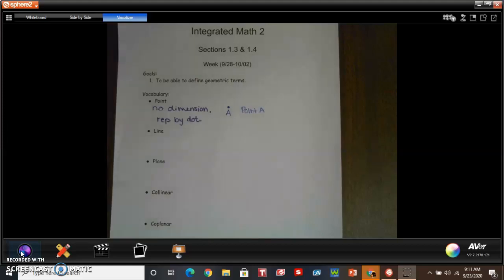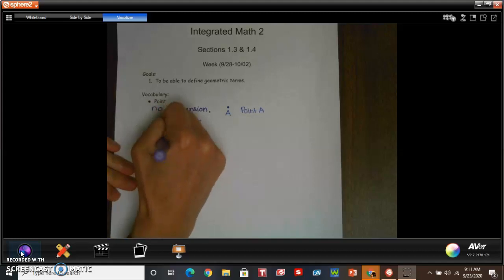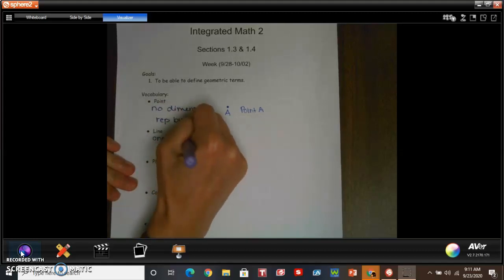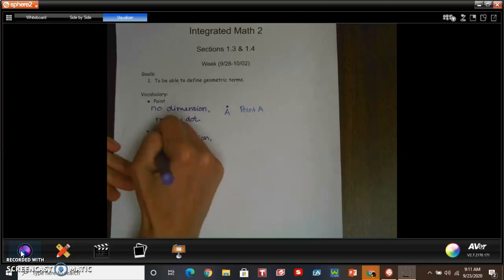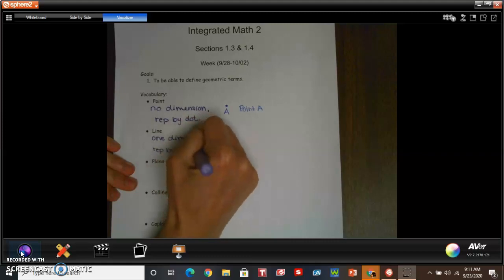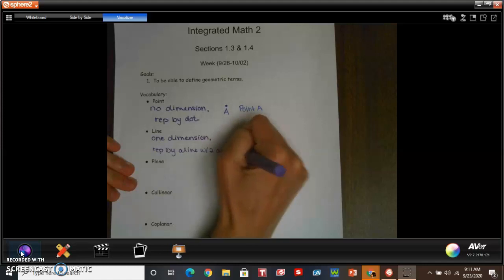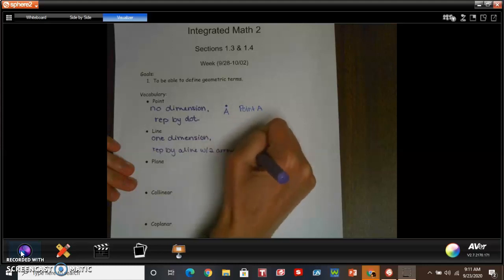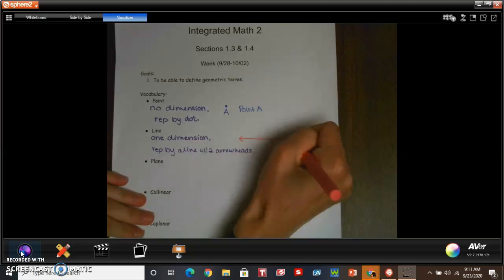Okay, a line. A line has one dimension, and it is represented by a line with 2 arrowheads. Okay, so it looks something like this.